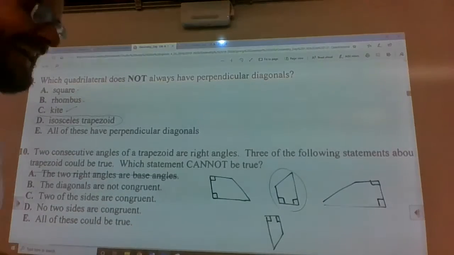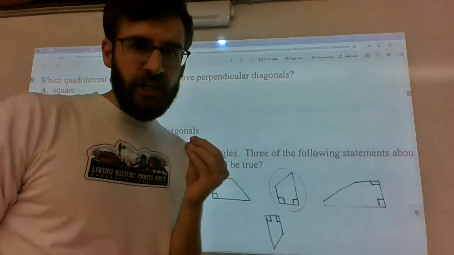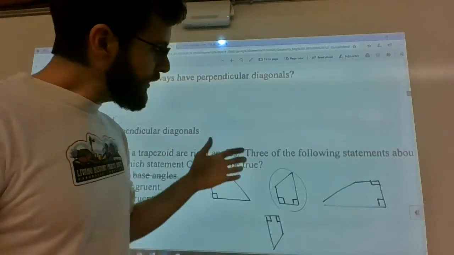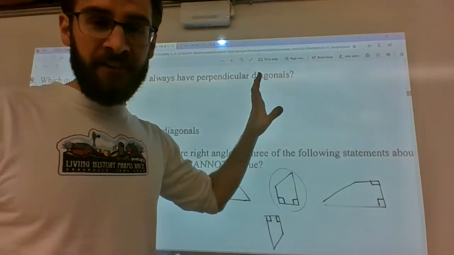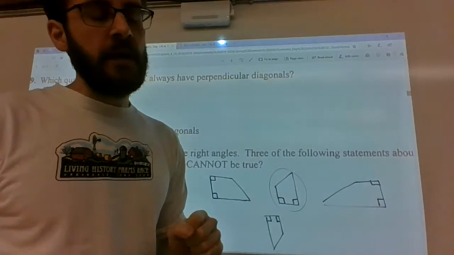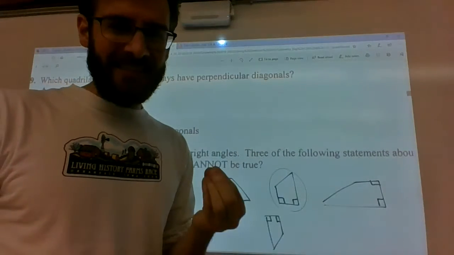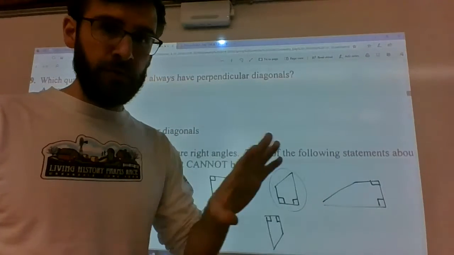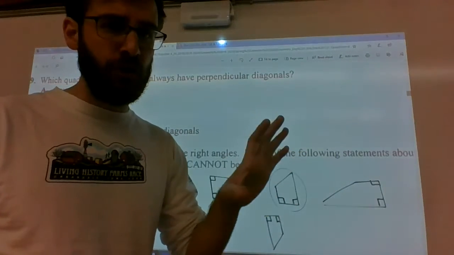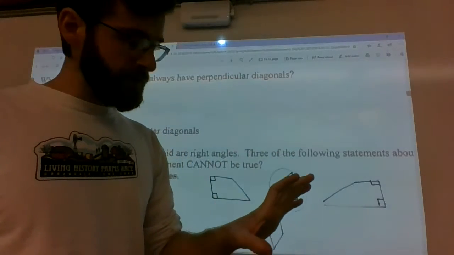B, the diagonals are not congruent. Well, we just talked about in a previous setting how the diagonals of an isosceles trapezoid are congruent. That's the only type of trapezoid that has congruent diagonals.